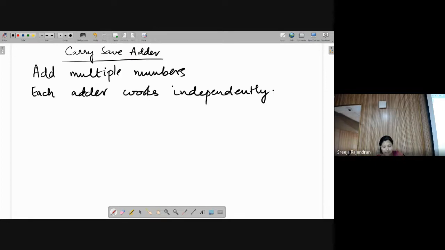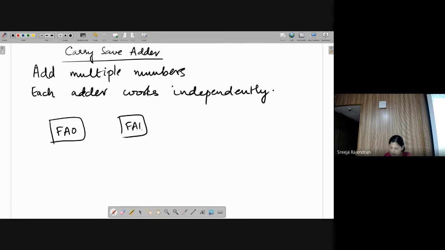Now what happens is that it works independently. If you remember our full adder, how does a full adder circuit work? I have FA0, FA1, FA2 and so on. I have inputs coming here. The sum is generated. The carry is propagated to the next stage. From FA0, what carry is generated?